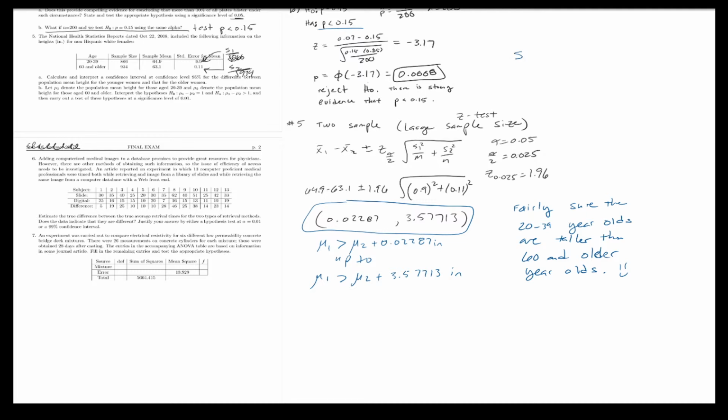So S1 over the square root of M is given as 0.9, so S1 squared over M would be 0.9 squared. So that's why we're doing that. So that's part A.